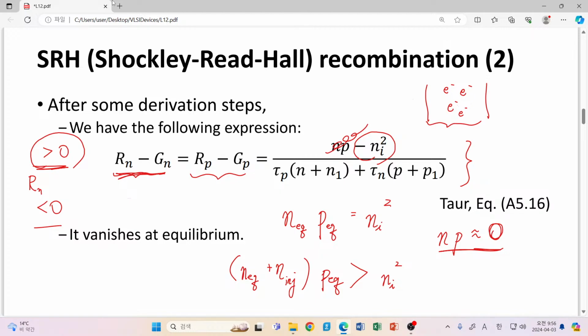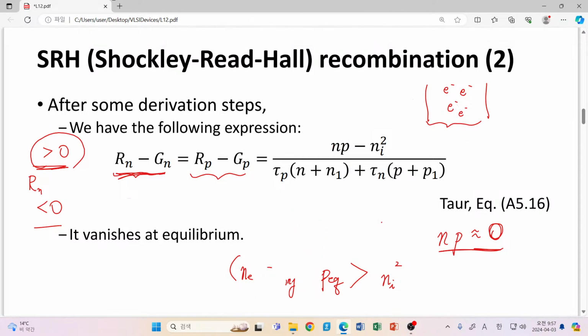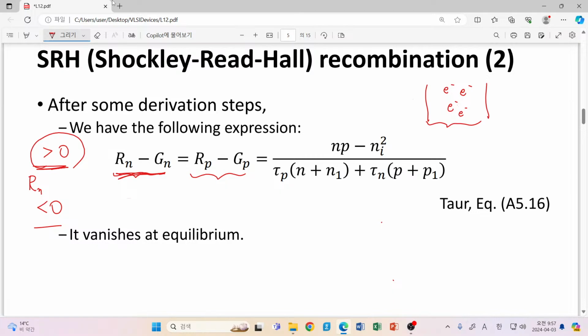Now we have another thing to be discussed in this slide. Here in this lower part you can see very unfamiliar things. Please name the new things in this expression. Tau p, what is it? You have never seen it before. Of course you know n, electron density.